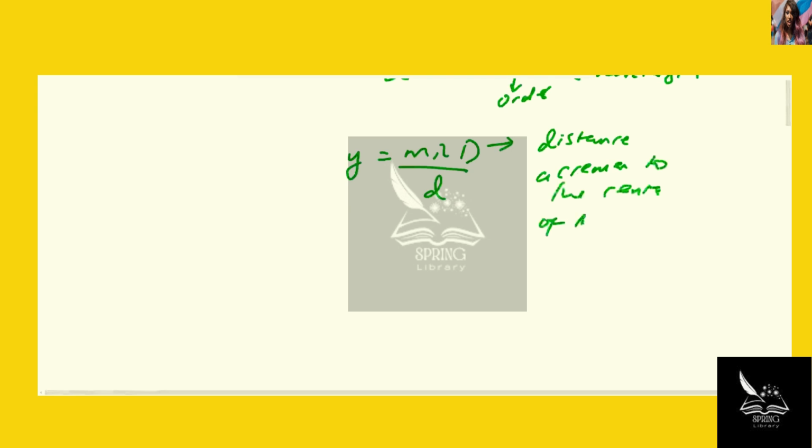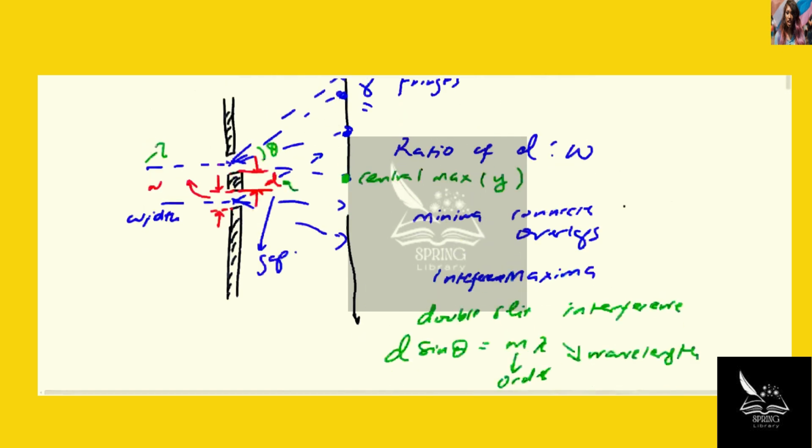We know that y is m lambda, capital D, over small d. Remember, capital D is a special distance from the screen to the center of the two slits. So remember these two slits, the center is right there. Okay, so that's what we're dealing with.